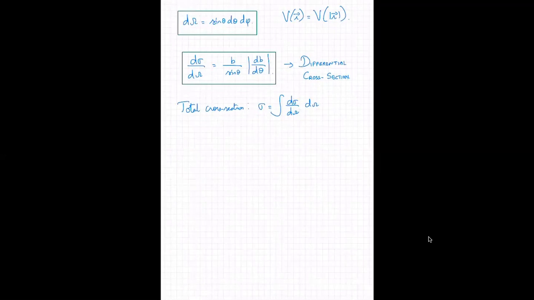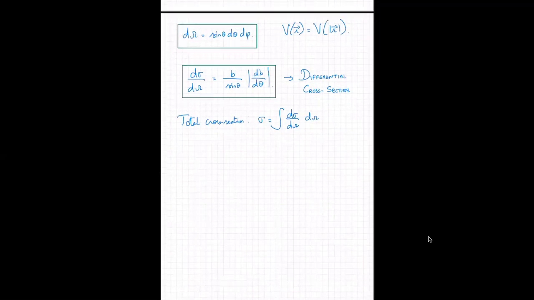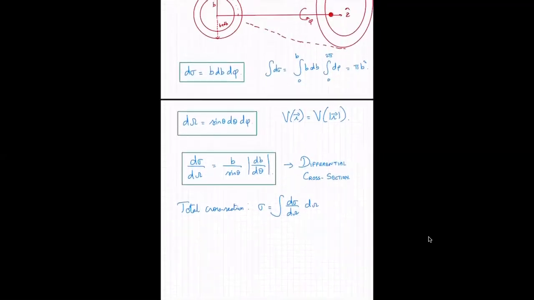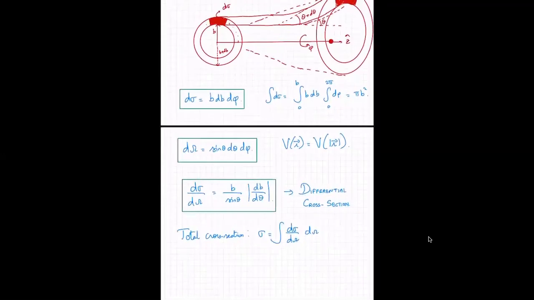So why did you say that differential cross-section holds more information than the total one? The differential cross-section holds more information because in the total cross-section, you integrate over all the angles. So when you integrate over all the angles, you lose detailed information about how a particular small bunch of particles is being scattered off by this potential.